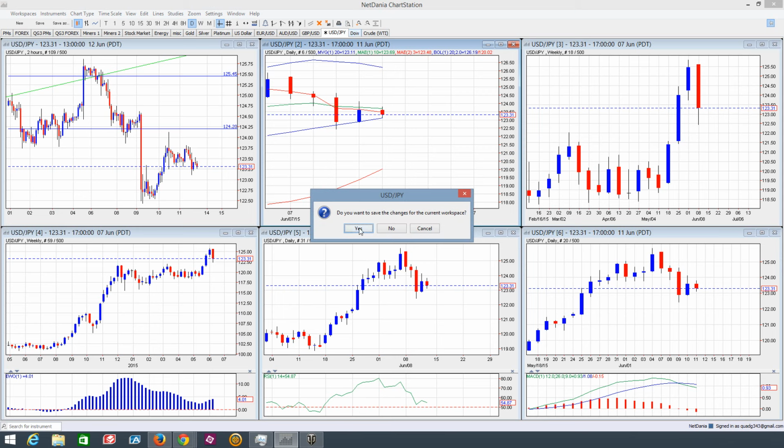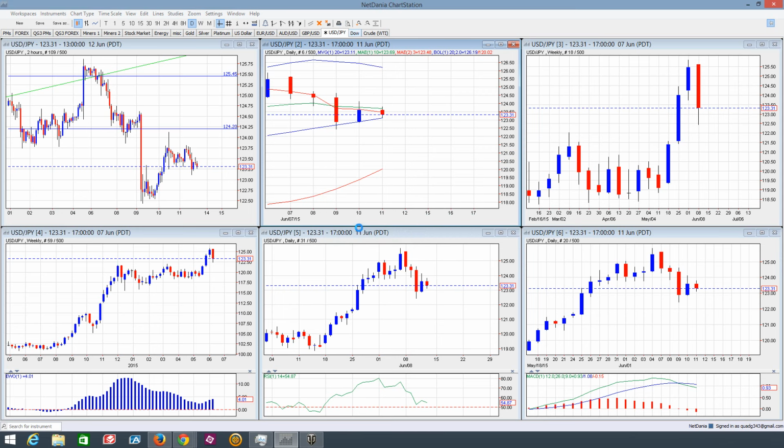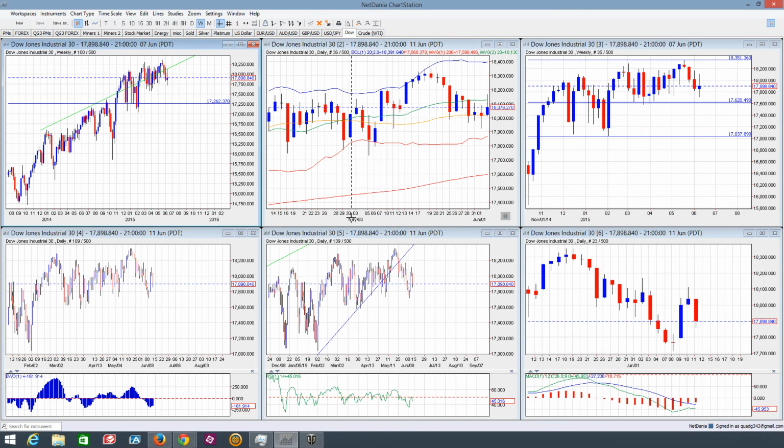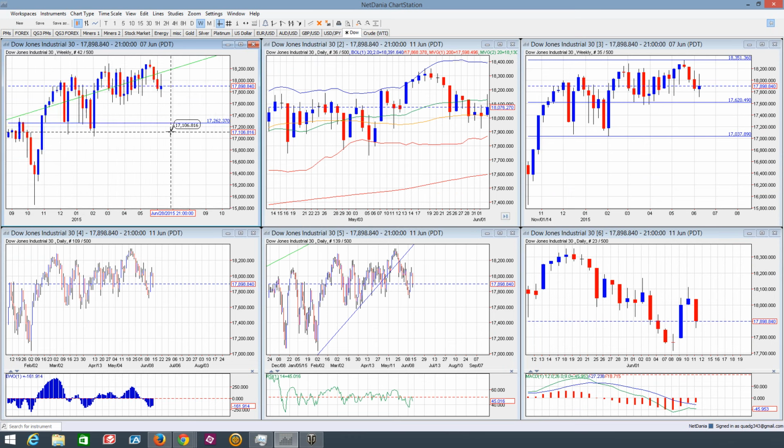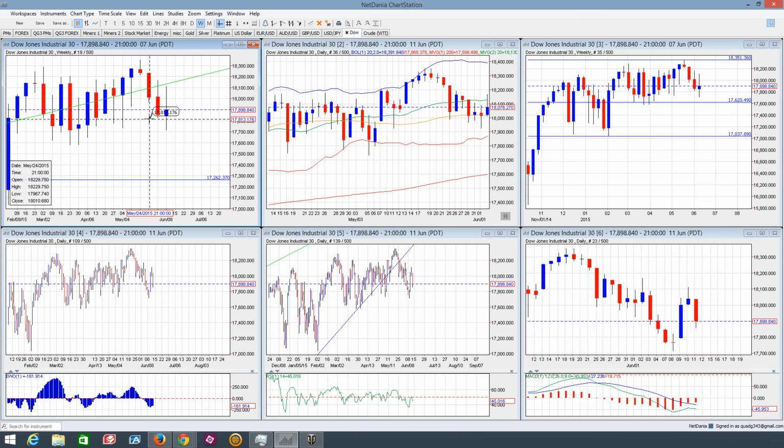The Dow. All right, so the Dow, the week closes as this large spinning top candle.